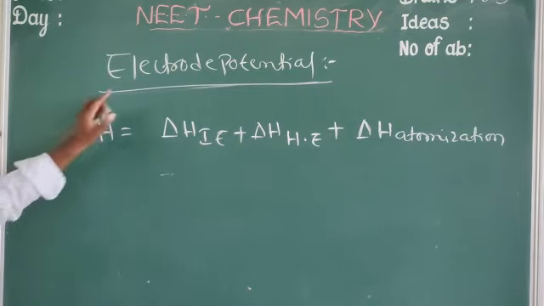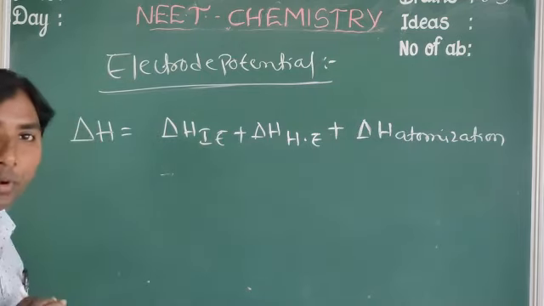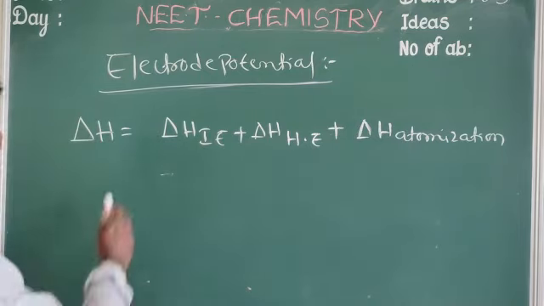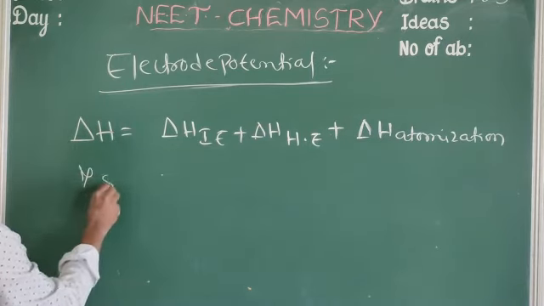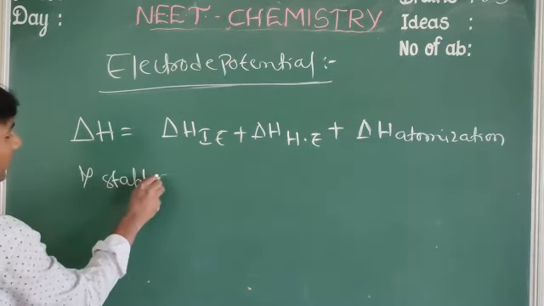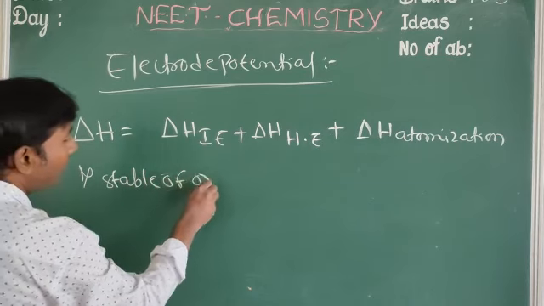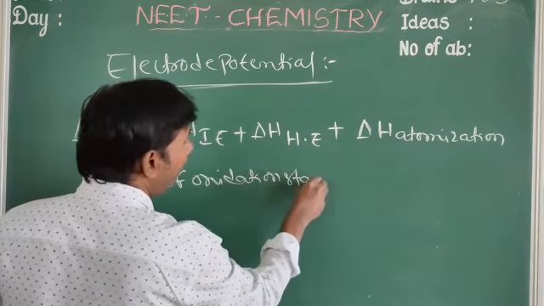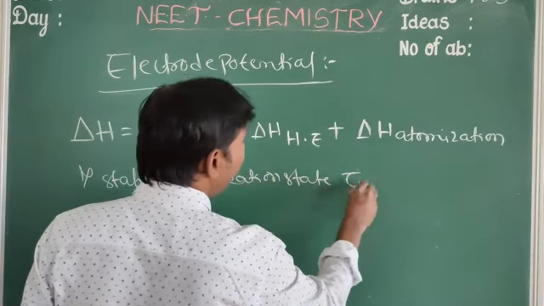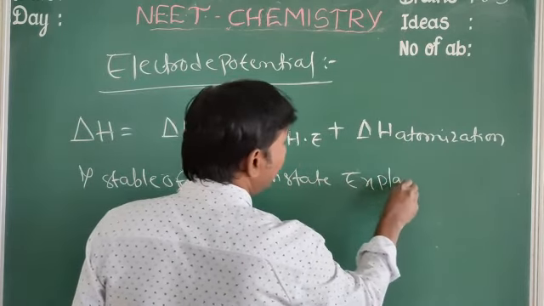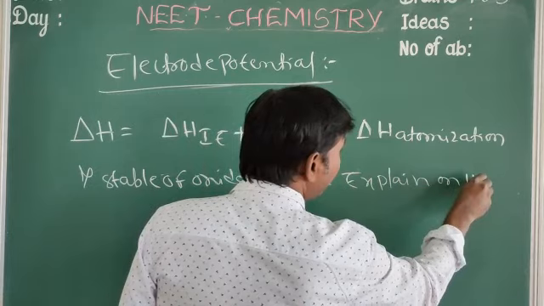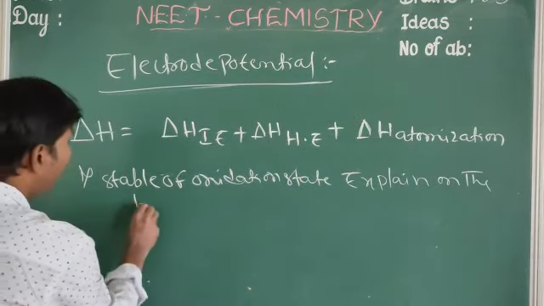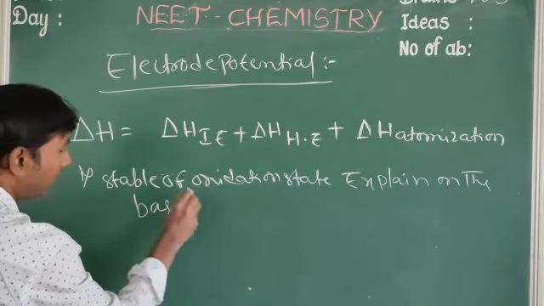This delta H is related to the electrode potential values. That's why the stability of oxidation state is explained on the basis of electrode potential values.